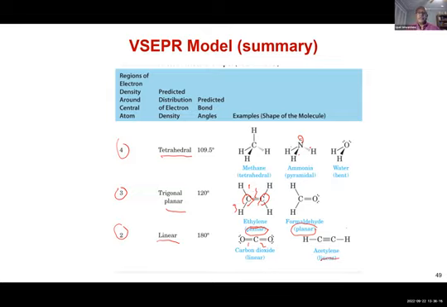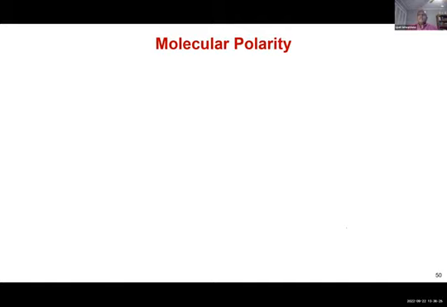Let's go to the idea of how you predict the polarity of a molecule. Polarity of molecules is important. Molecules have polarity when they have a charge separation in the molecule. Therefore, in the molecule, there are distinct regions where positive charge is there and negative charge of electrons is there in the last shell, the valence shell.